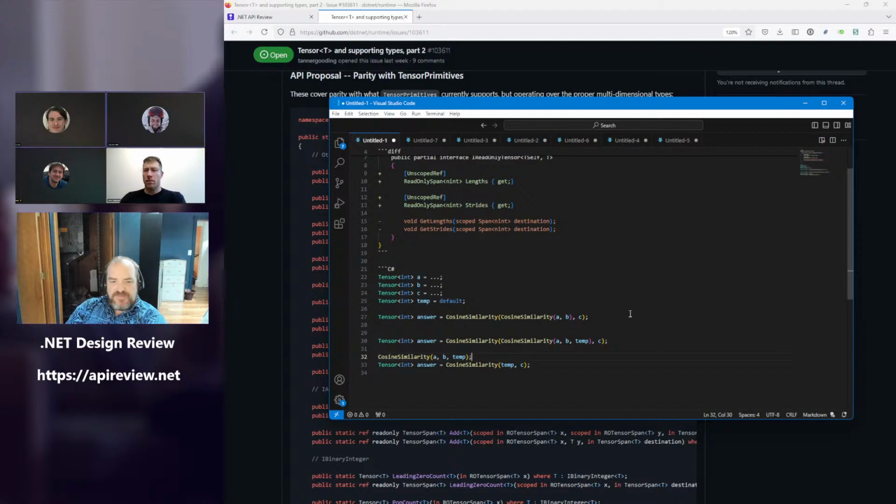Right. Tensor span? If we're not returning, then we need some kind of way to pass in how much was written per dimension, which means it's not just an out int bytes written, it's an out read-only span of elements written per dimension. No, you can't.